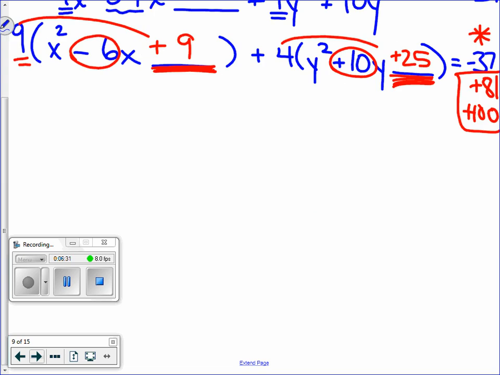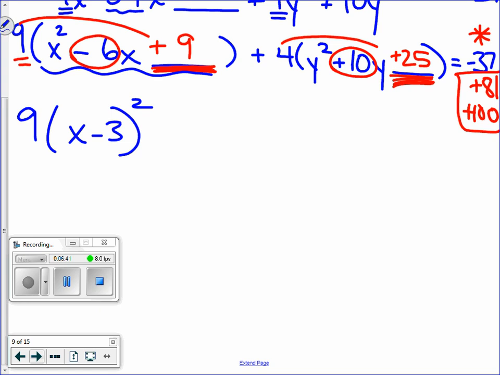Now I can start to simplify what I have. Okay, I've got the 9 on the outside. I can write this trinomial in its factored form, which is x minus 3 quantity squared, plus I have a 4 outside this quantity, that's y plus 5 quantity squared. Where am I getting the minus 3?